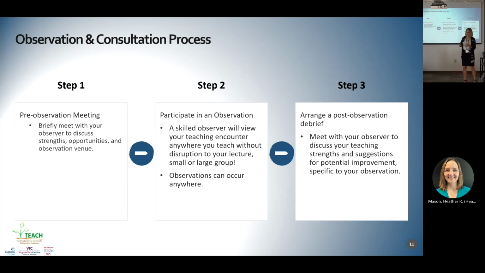And then after the observation, usually give your observer time to collate their notes, and then you will get a post, like a debrief session. You'll set a debrief session up, and then that's the time at which you get your feedback.